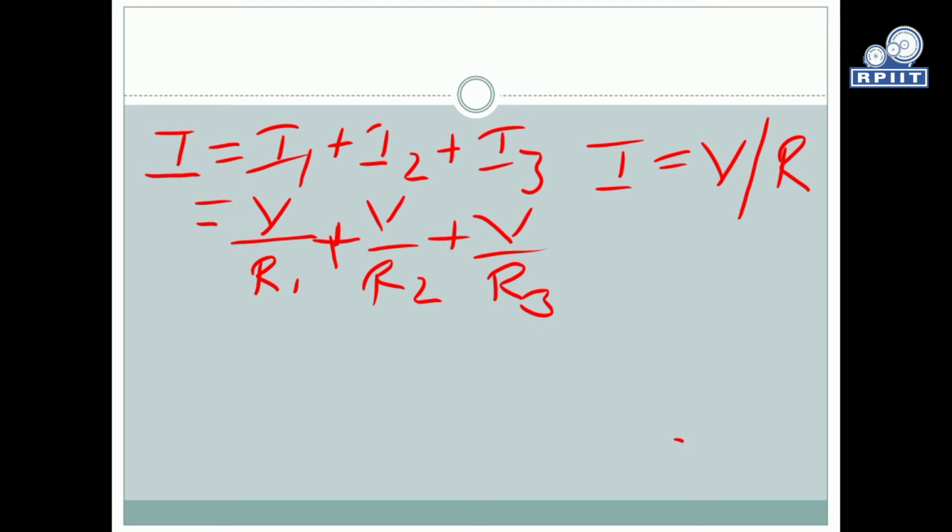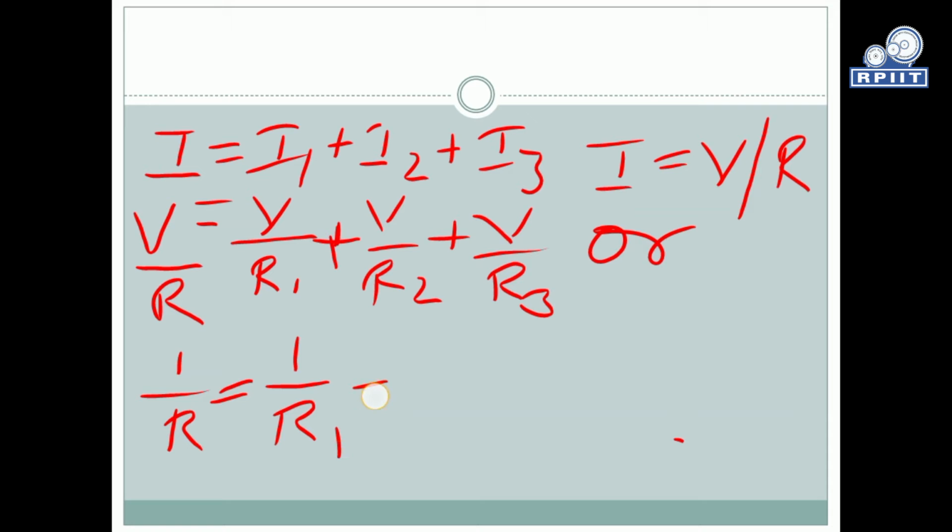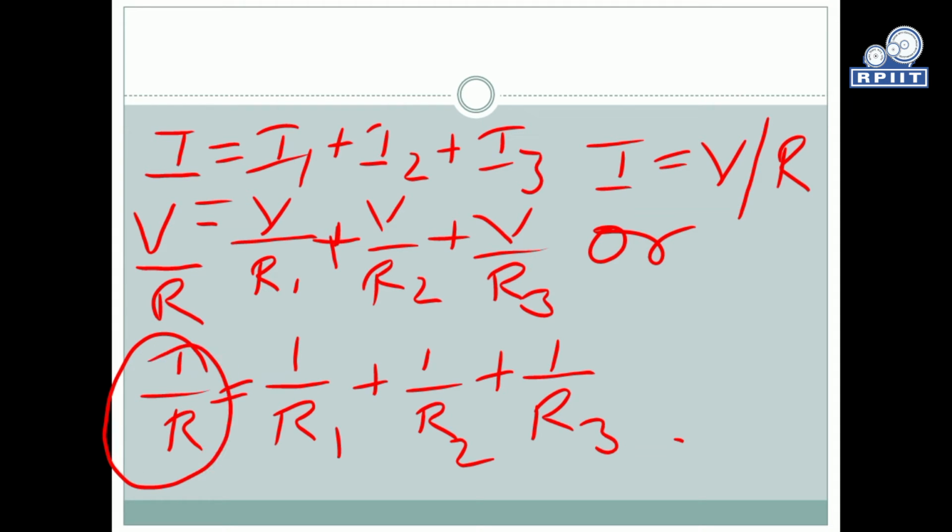Here let R be the total or effective resistance of the circuit, then we get V by R, or we can write 1 by R is equal to 1 by R1 plus 1 by R2 plus 1 by R3. Here we can see the reciprocal of total resistance is equal to the sum of reciprocals of individual resistances.